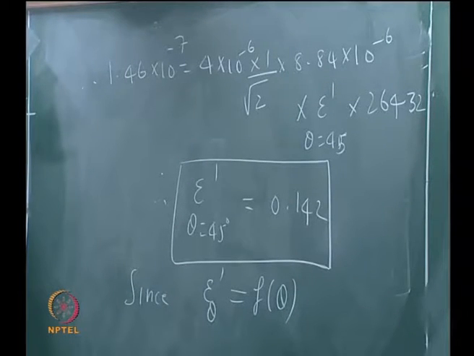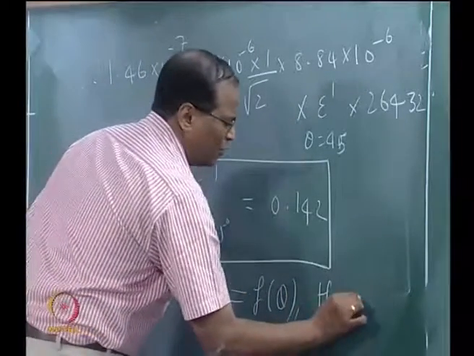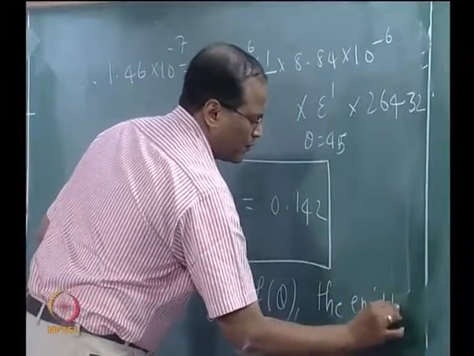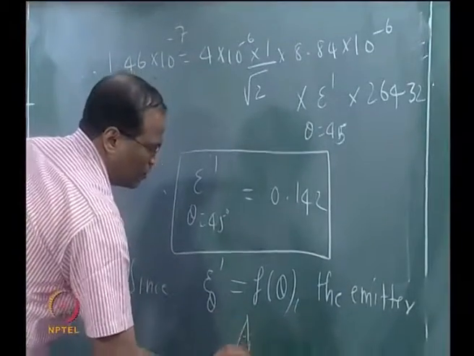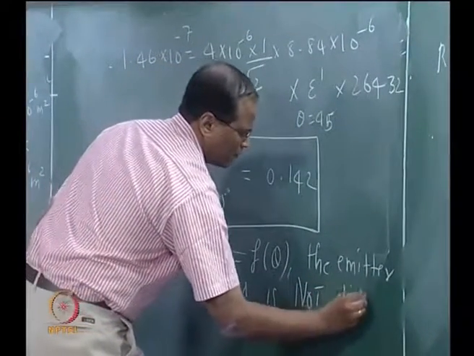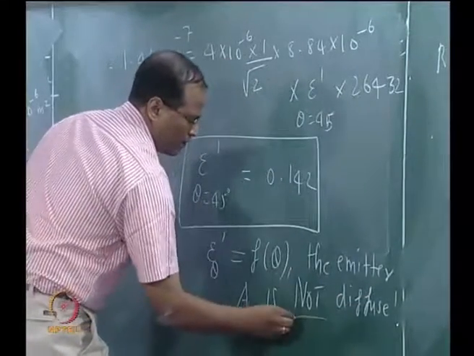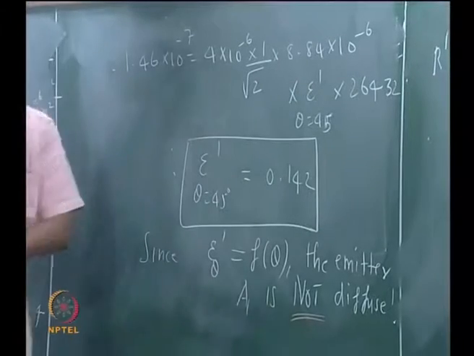If I knew how much power is intercepted at 4 or 5 angles, I could use a Lagrange polynomial, cubic or quadratic polynomial, and get a functional form f. I do not know the functional form f, but I know that it is a function of theta. The emitter A1 is not diffuse.